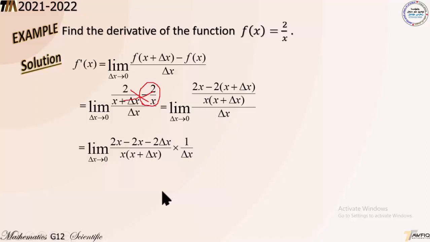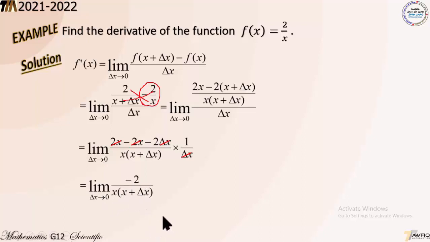Now cancelling 2x with minus 2x and delta x with delta x, the limit as delta x approaches 0 is minus 2 over x times x plus delta x.